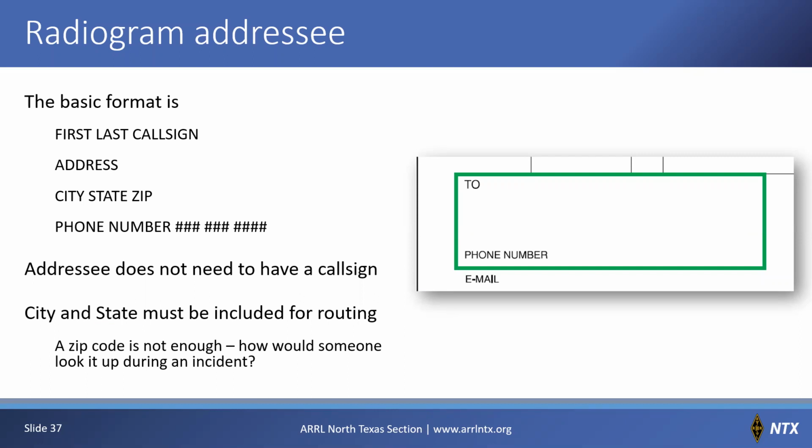Phone number, please. If you can't, I'll explain that in a second, but the vast majority of traffic is delivered by phone. If we think about it in an incident, I got a piece of welfare traffic. I want to let my family member know that I'm okay. We want that personal connection with them. Hey, I have a message from your family member.